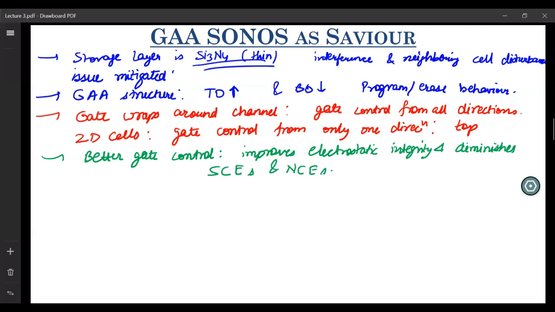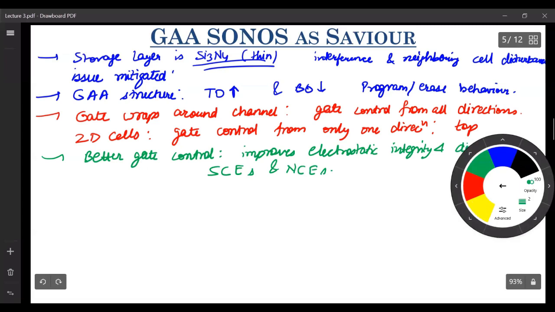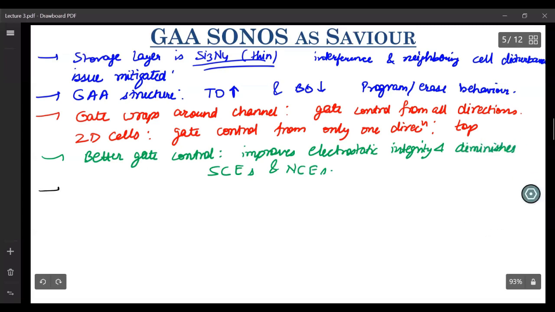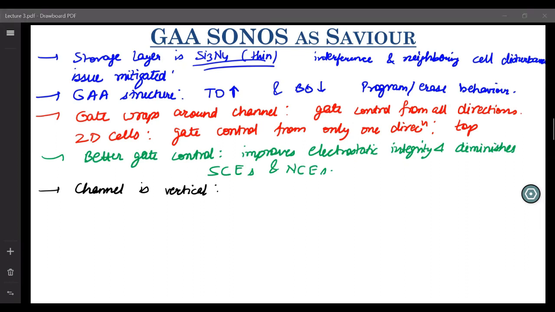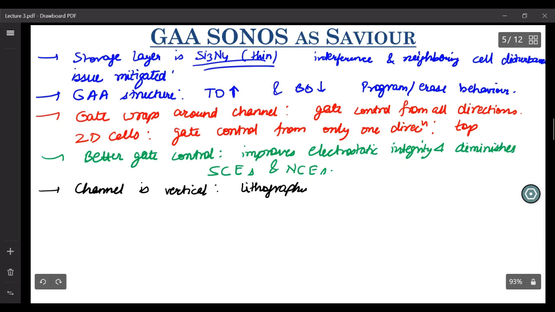Okay, what else? Another important point is, for this gate-all-around structure, since the channel is vertical, lithography is no more the constraint.